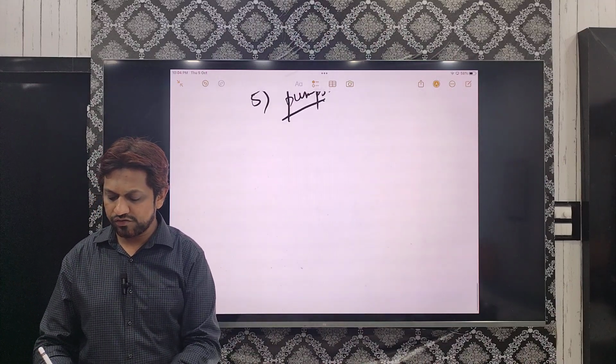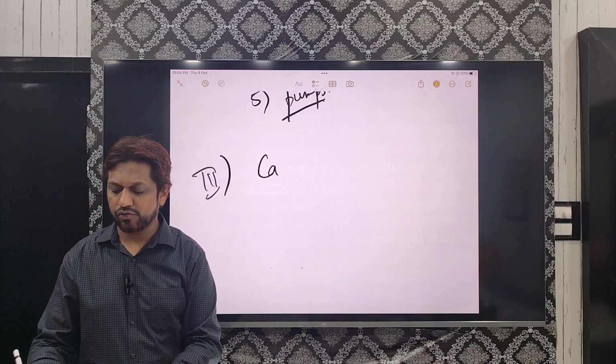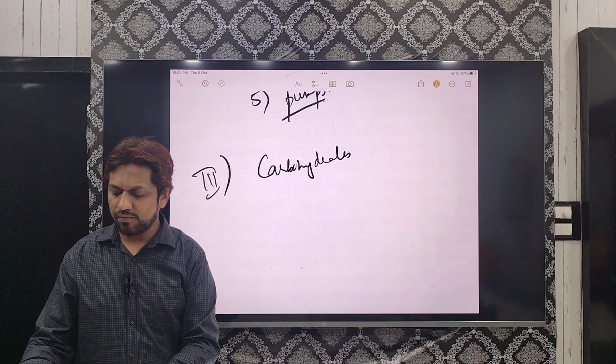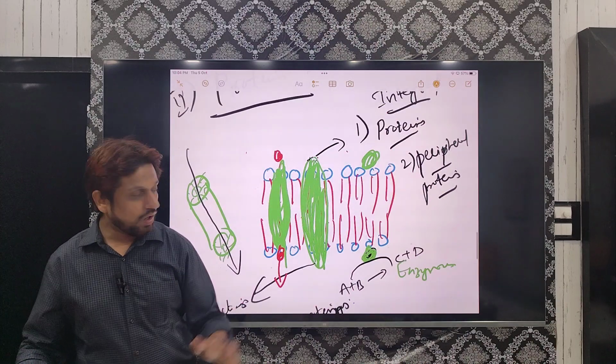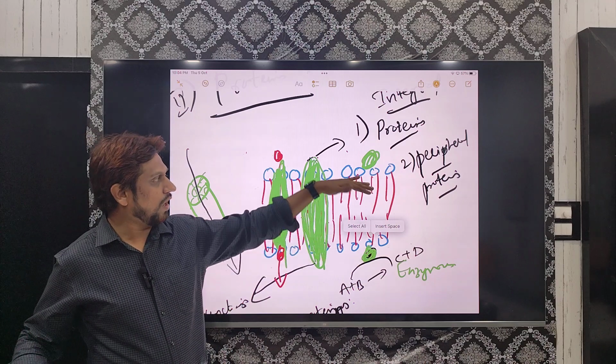Now coming to the third major component of the cell membrane, carbohydrates. Very small amount, just around 3%. These carbohydrate molecules will be present mainly on the outside of the cell, not on the inside, that is the outer layer.